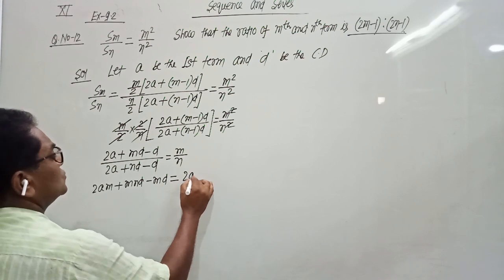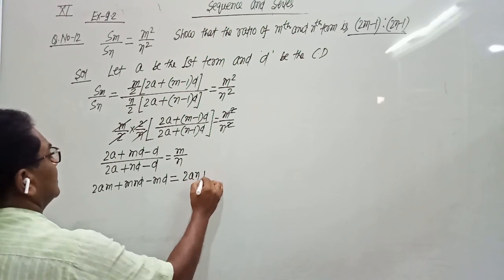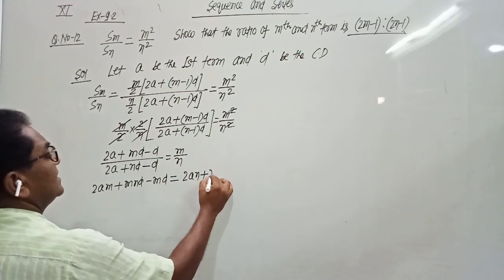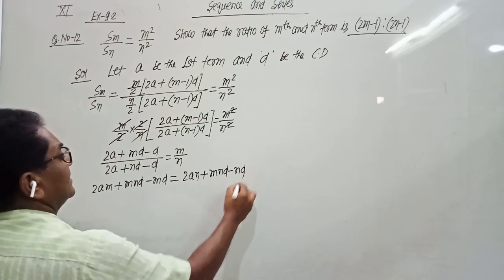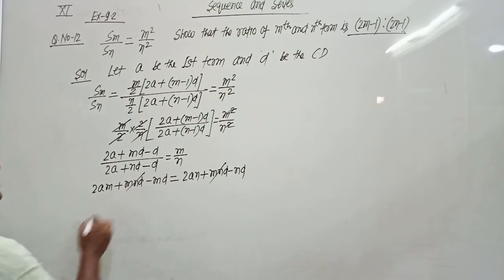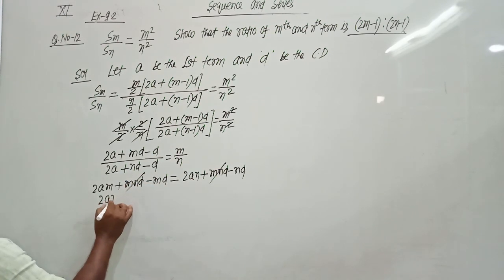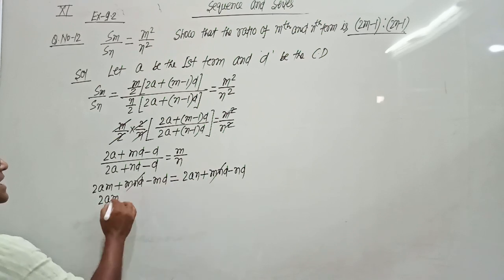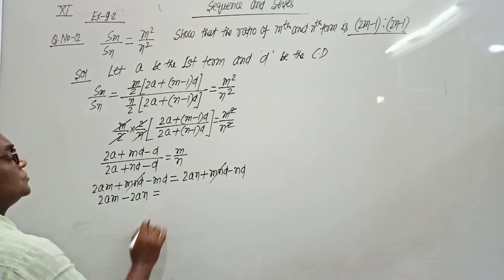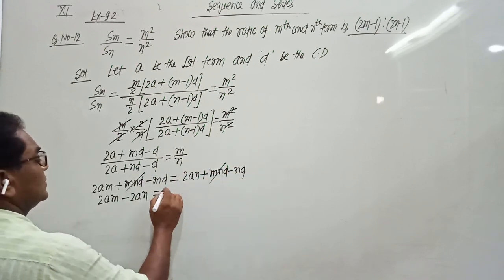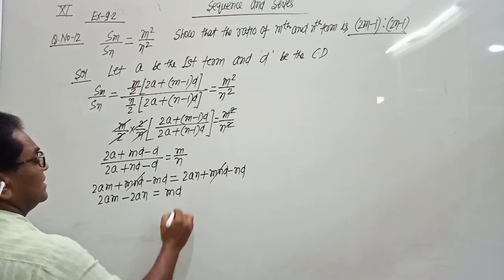So 2an plus mnd minus nd. From both sides mnd cancels, and 2am minus 2an equals this minus md will go on the right side. It becomes plus.